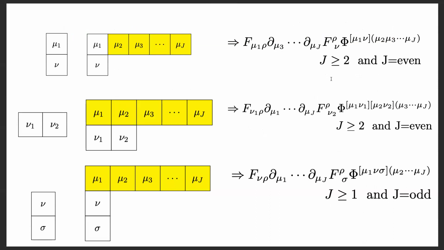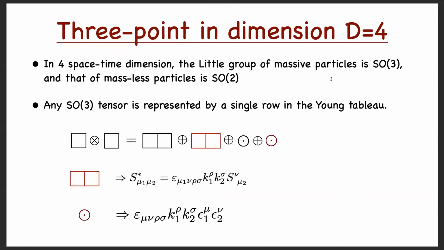Similarly, you can do the same process for 4 dimensions, which we are familiar with. In 4 dimensions the symmetric group of massive particles is 3 and for photons is 2. So this is the tensor product decomposition. Here, the red ones represent the parity.